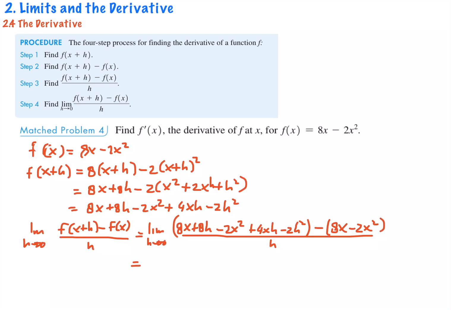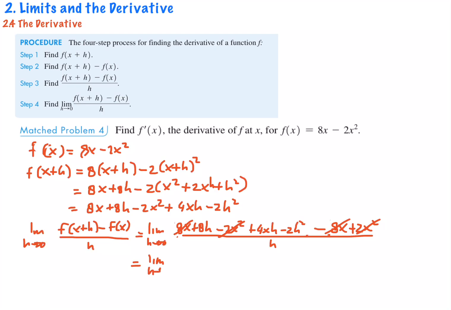Okay, so I'm going to take this out from the parentheses, so it will be negative 8x plus 2x squared, and take off the parentheses over here also. Then let's see what we can eliminate. The 8x with negative 8x, and then 2x squared with negative 2x squared.